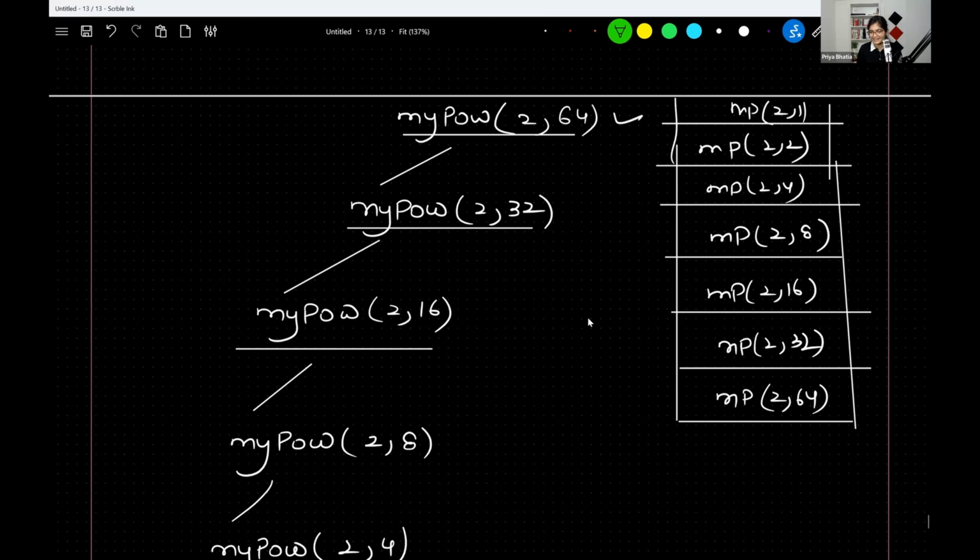That's where you will get the answer as 2 at this point of time. So how much stack space are you using? 1, 2, 3, 4, 5, 6, 7. Approximately, it is equal to 7, right?